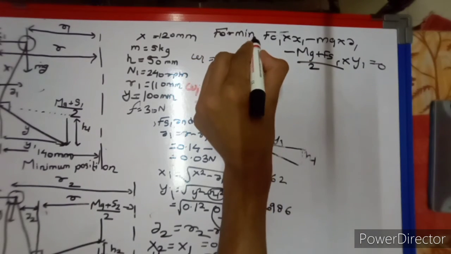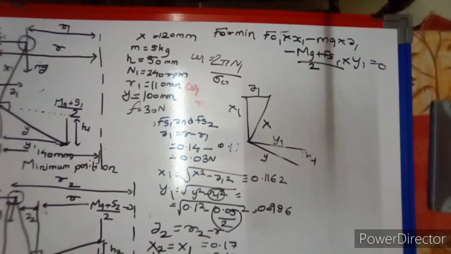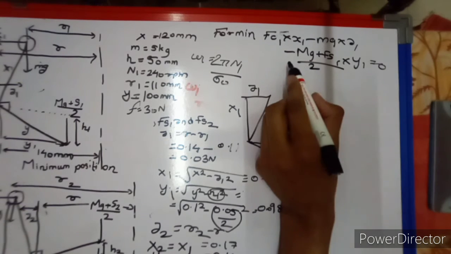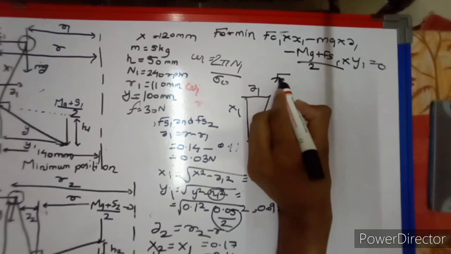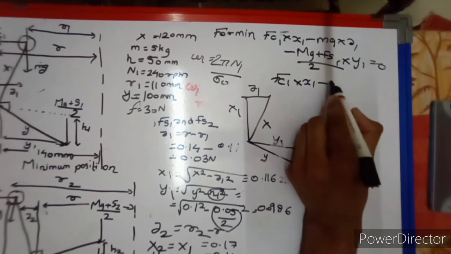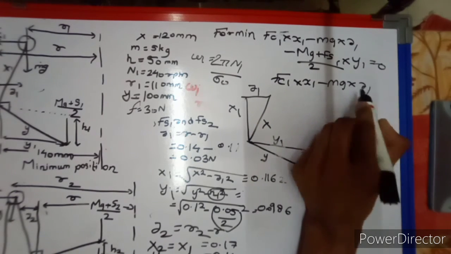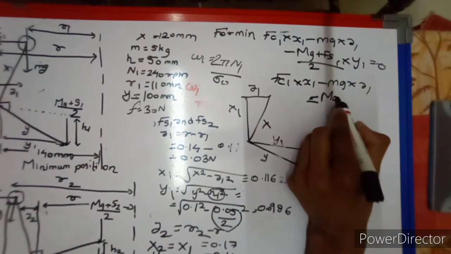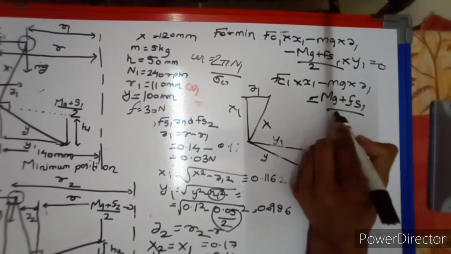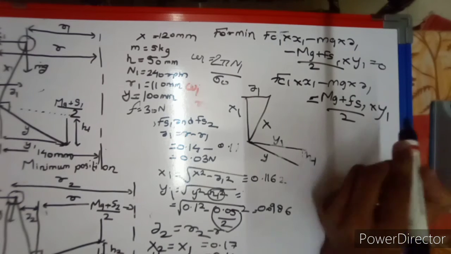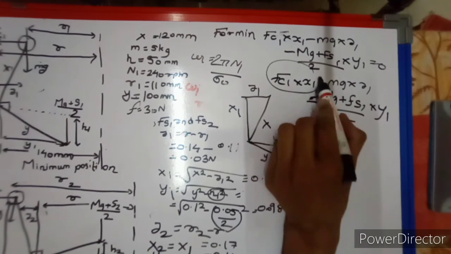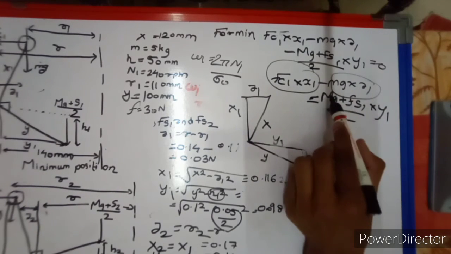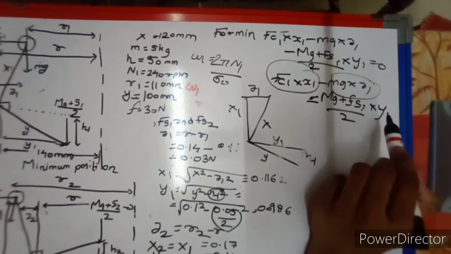for minimum. So what we have to find? Fs1. So Fc1 into x1 minus mg into a1 equal to (mg plus Fs1) by 2 into y1. So just substitute the values Fc1, x1, mg into a1, mg to y1.